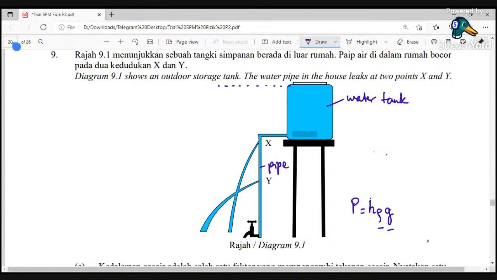For X, this is the depth of X. For Y, this is the depth of Y. So if you compare depth from here, you can see depth of water at X is smaller than Y. And then you compare the pressure. Pressure at X is smaller than pressure at Y.